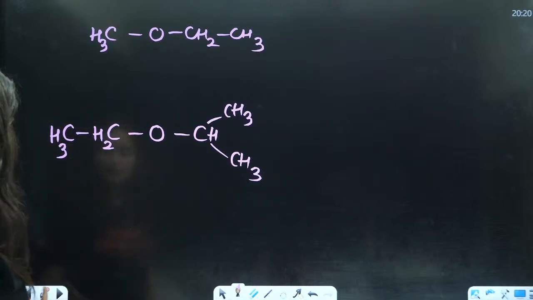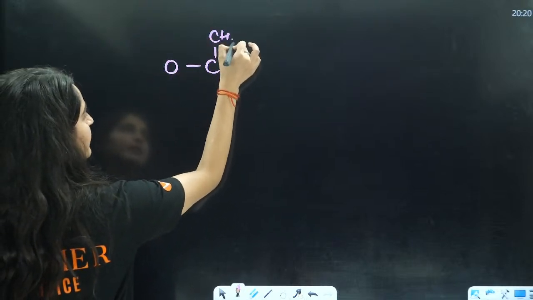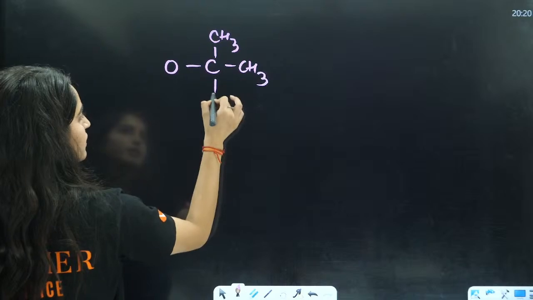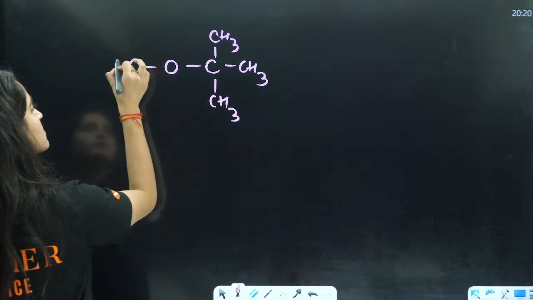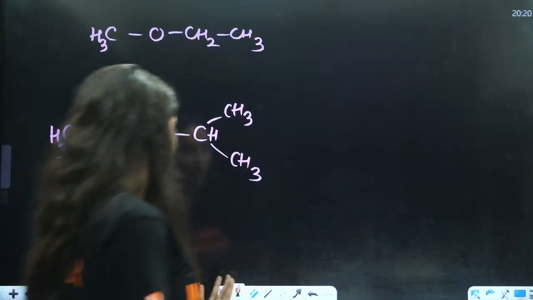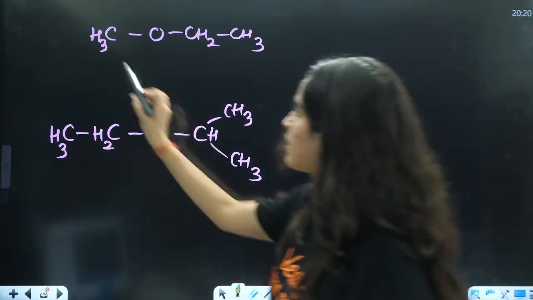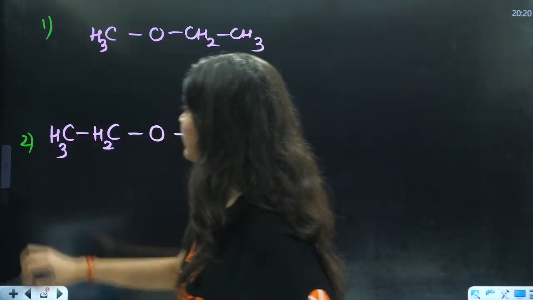The other is O, C, CH3, CH3, CH3, this is CH2, CH3. These are the three. I think by these three examples, you will be able to answer all the questions related to this. So this is first one, this is second.